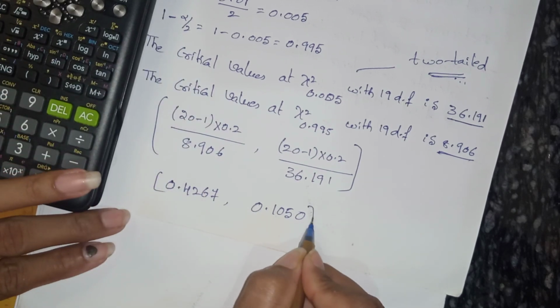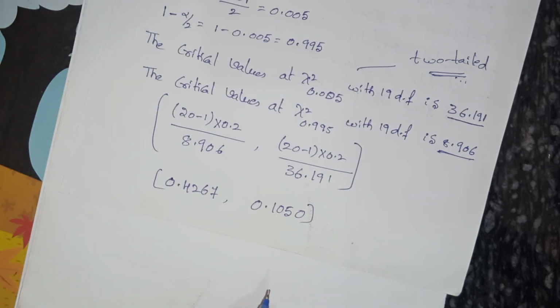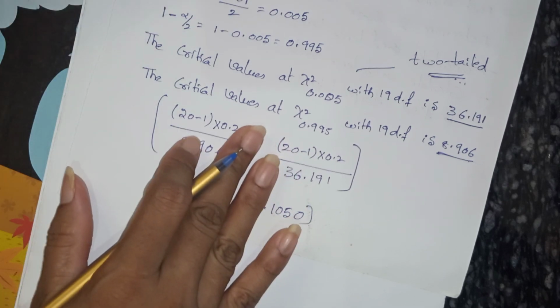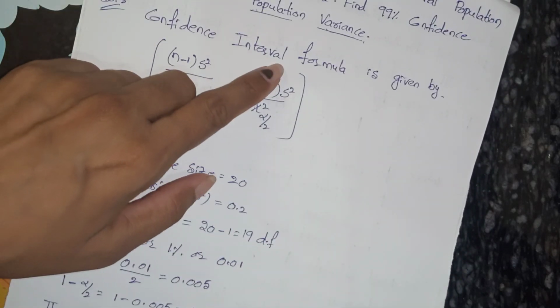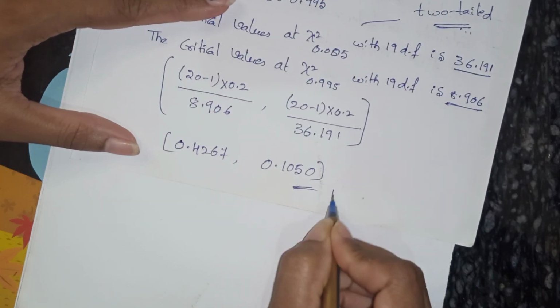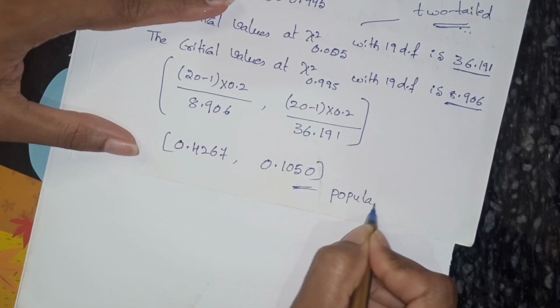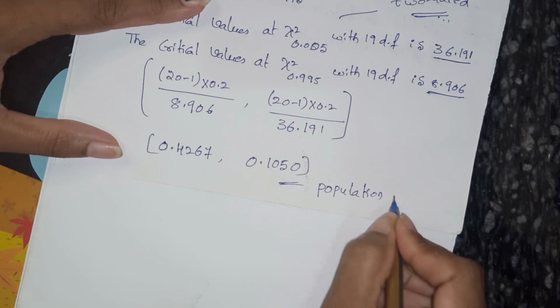Okay, so these are the confidence limits. These are the confidence limits for population variance.